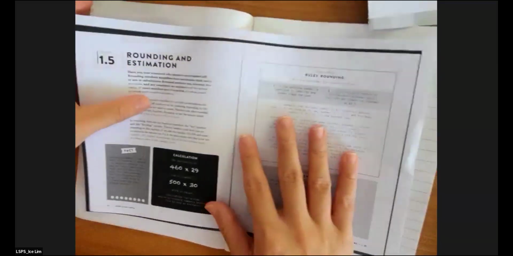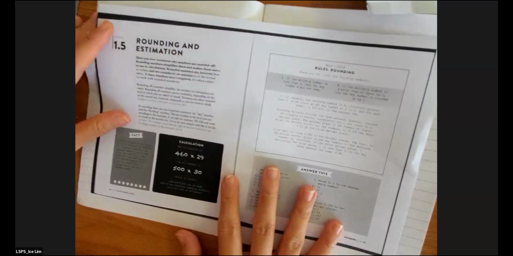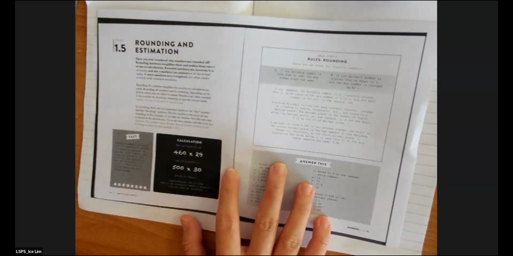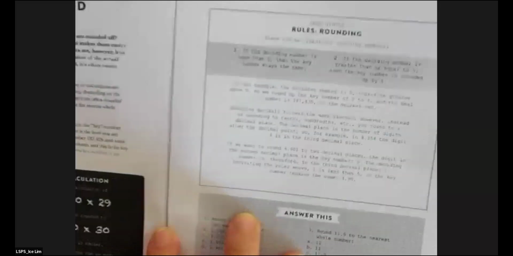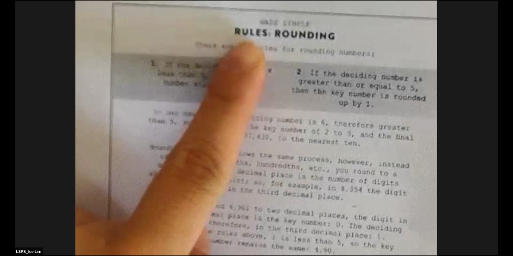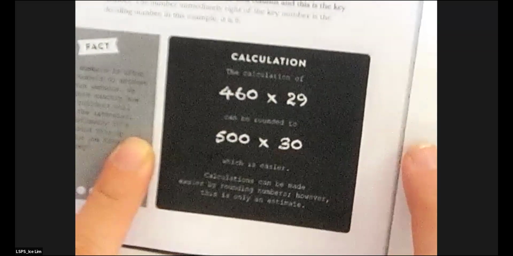This should help us understand the part about estimation that I didn't explain too much just now. This one is on rounding and estimation. This story will help some of us who are not so good in rounding revise the rules of rounding, and it tells us about these calculation steps.